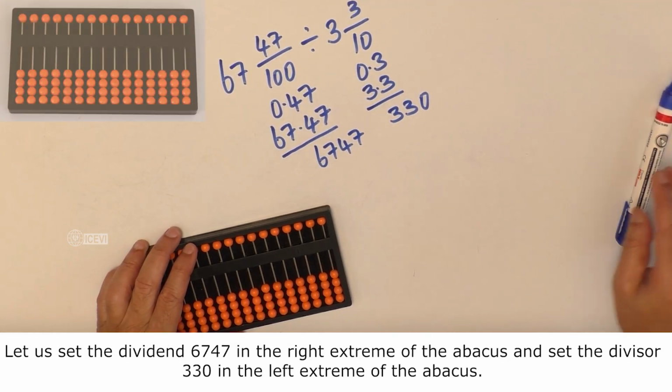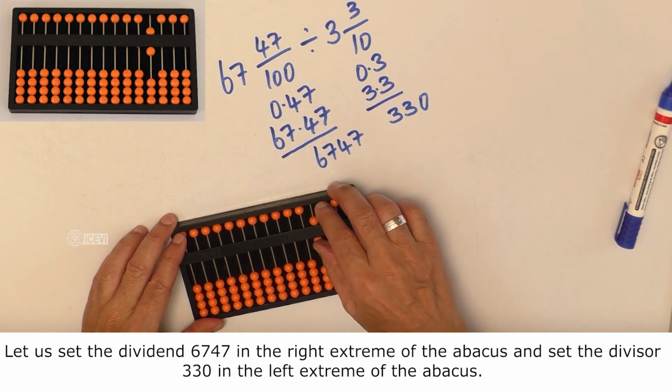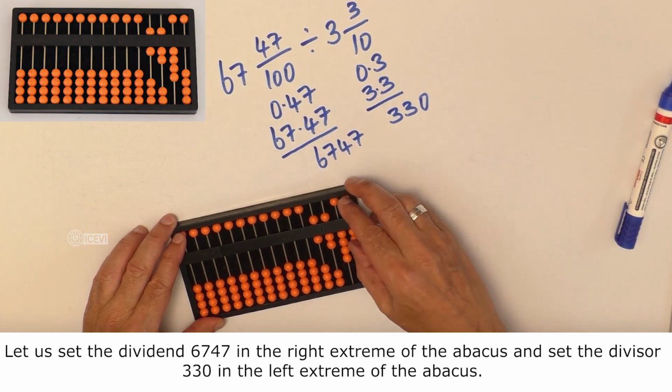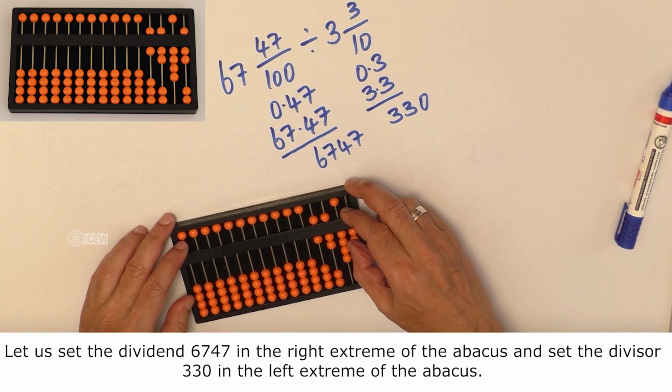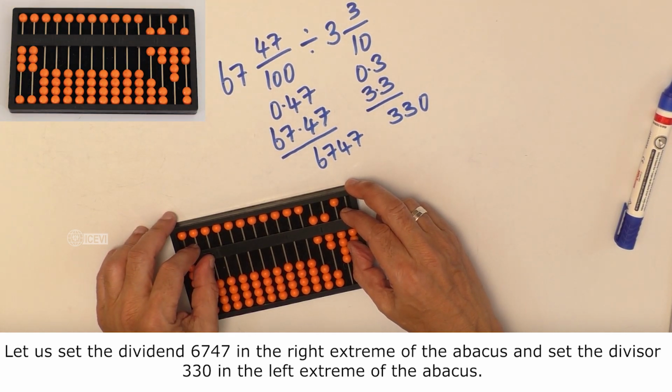Let us set the dividend 6747 in the right extreme of the abacus and set the divisor 330 in the left extreme of the abacus.